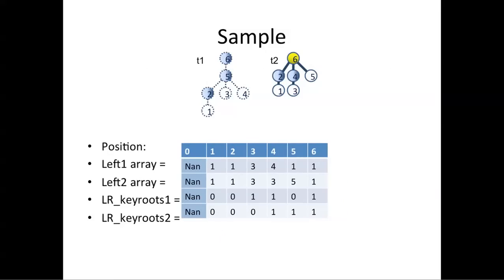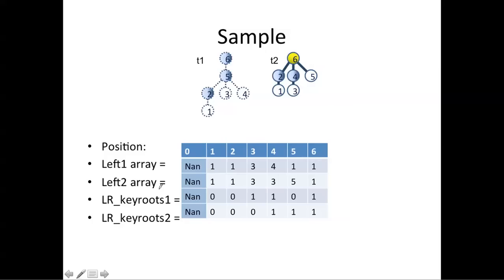And now let's imagine that the most left array is something like, for the first tree is 1, then the third is itself, the fourth is itself. For the fifth node it is 1 as well, and for the sixth node, the most left is 1 as well.